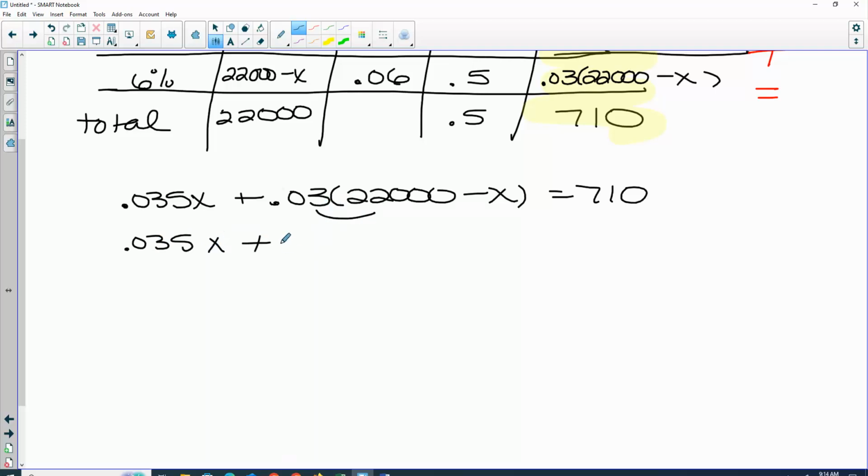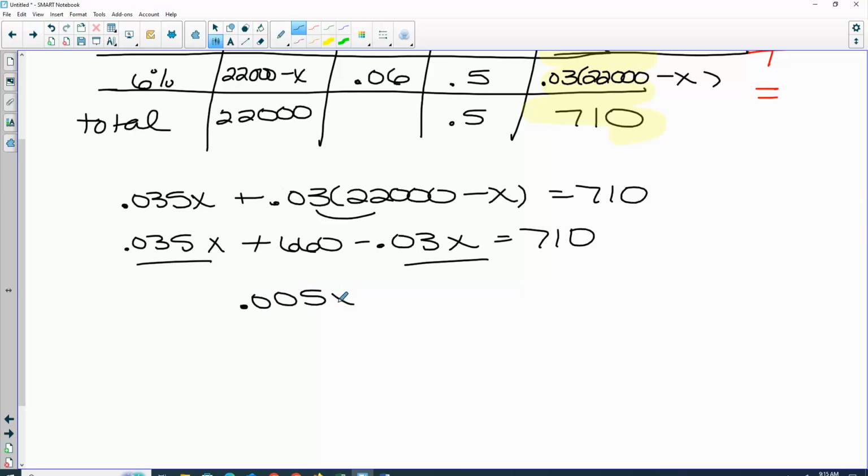And 0.03 times 22,000 will give me 660 minus 0.03x. Combine like terms, 0.035 minus 0.03 is 0.005x.